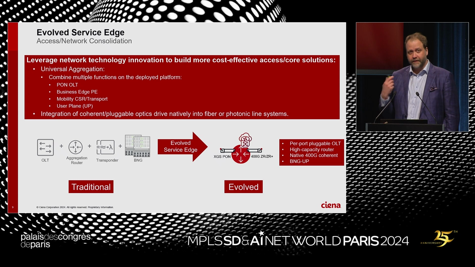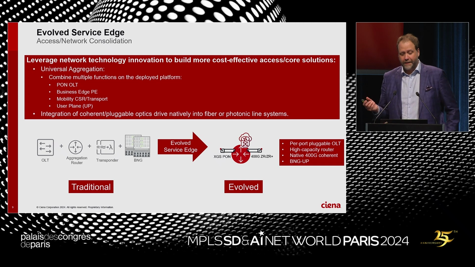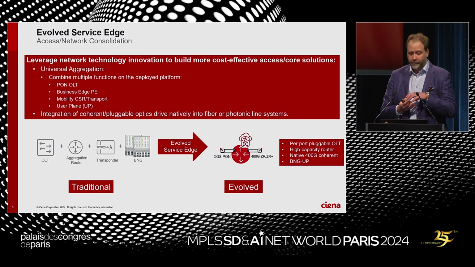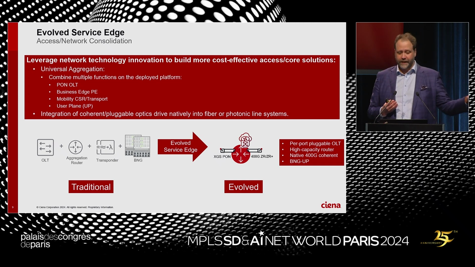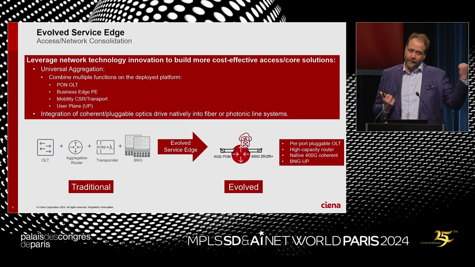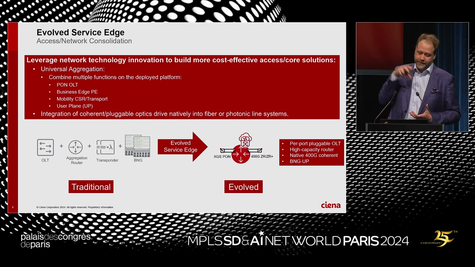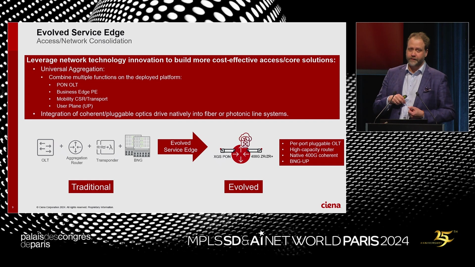And what you see at the bottom is, on the left-hand side, the traditional model of deploying an OLT, deploying an aggregation router, deploying a transponder, deploying a BNG for user plane. You can now collapse that onto a single routing platform where you can use pluggable technology on both sides of the optics domain, whether it be PON or coherent transport, and then collapse a user plane forwarding function on the same thing.